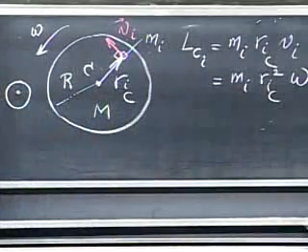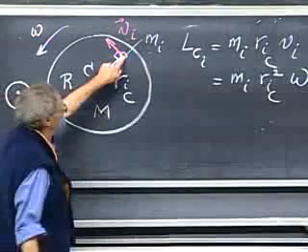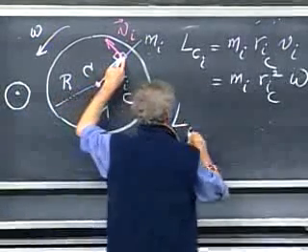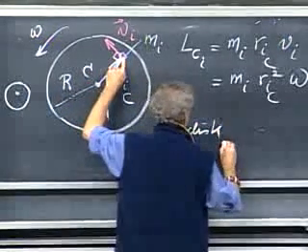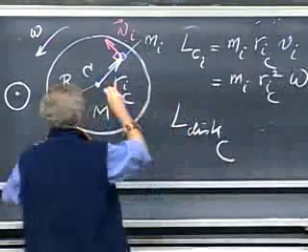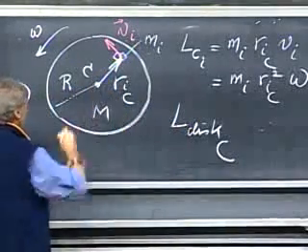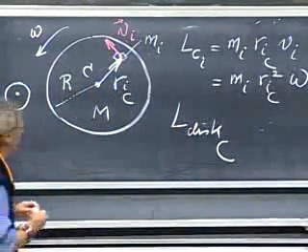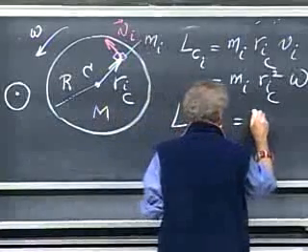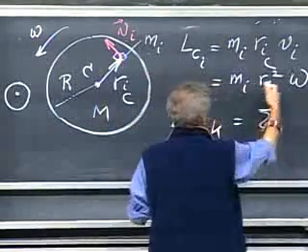So that is the angular momentum for this little mass element. But now I want to know what the entire angular momentum is about that point C. There's an axis going through the center of mass, through the center of the disk, perpendicular to the blackboard. And now, of course, I have to do the summation of all these elements.